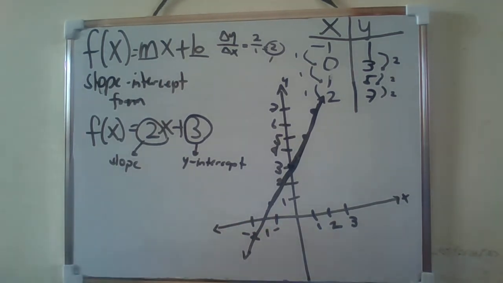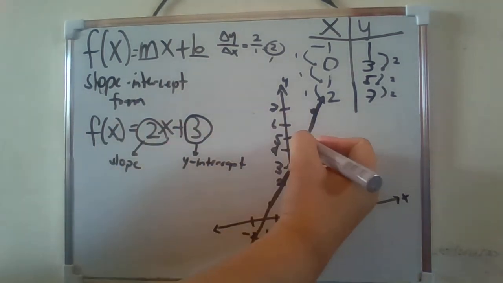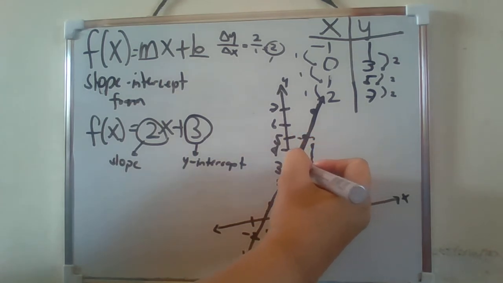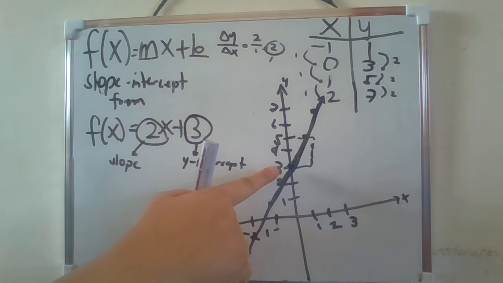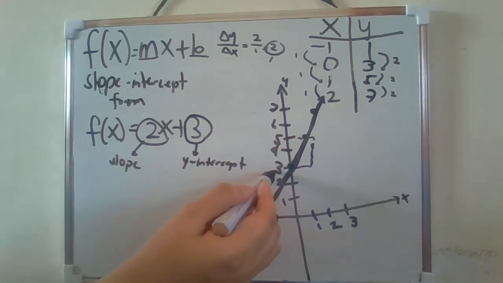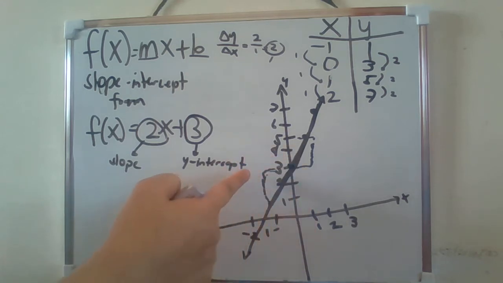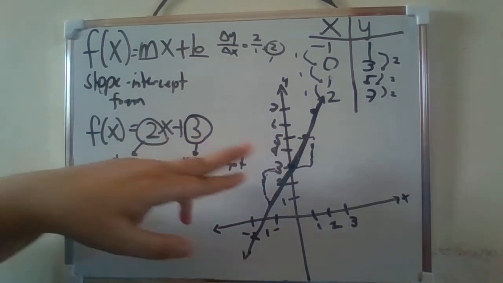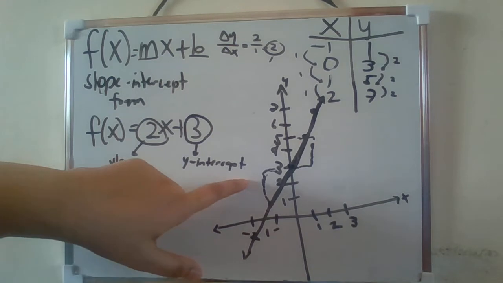Okay, and then, papansin ninyo, ayan o, dalawa from the y-intercept natin, ayan. So, meron siyang dalawa. Okay, again, nag-i-increase kasi siya ng dalawa. So, yun yung slope natin.